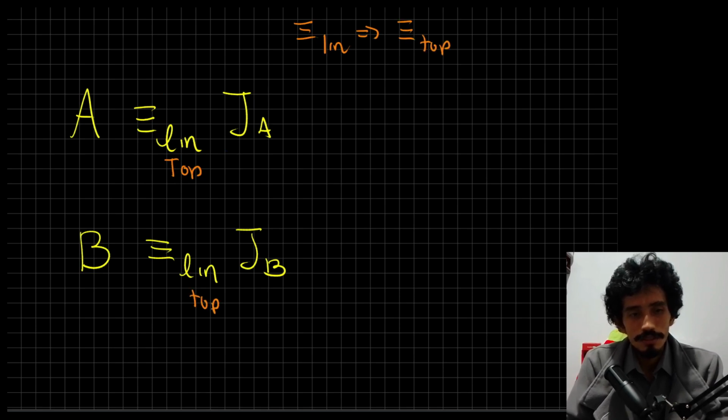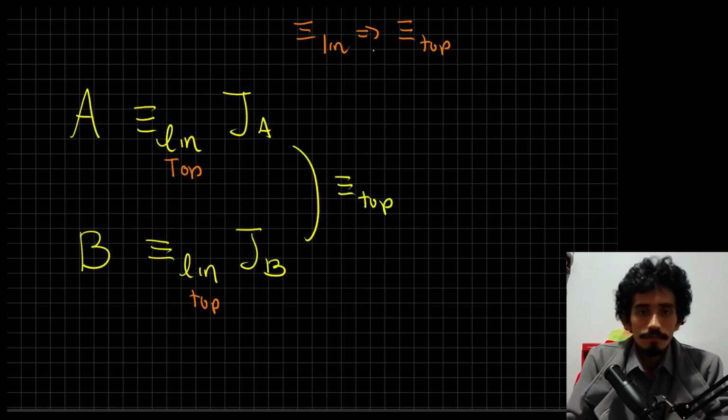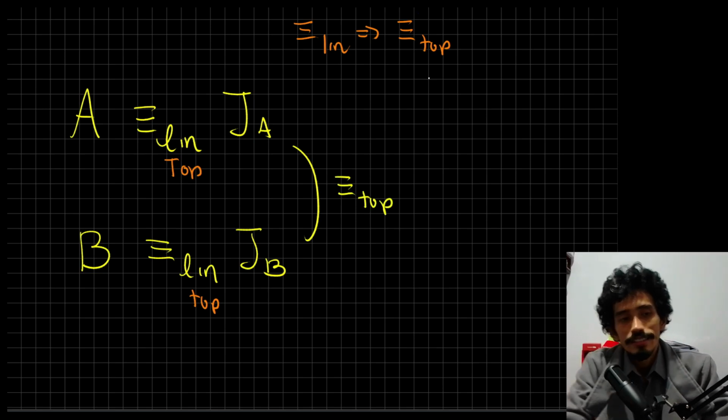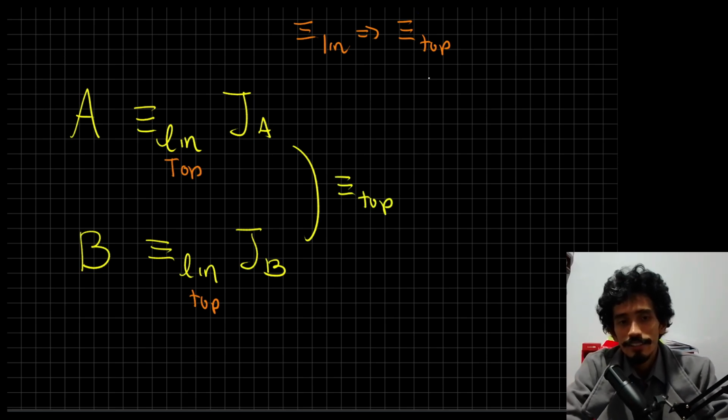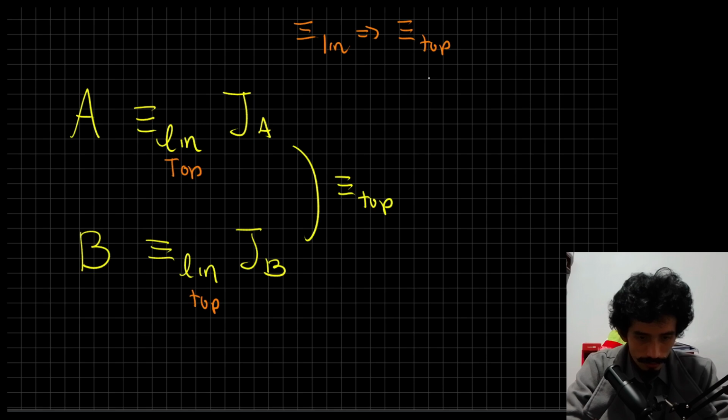So they are also topologically conjugate. And now if we find some way to conjugate these topologically, given that topological conjugacy is an equivalence relation, we will prove that A and B are topologically conjugate.